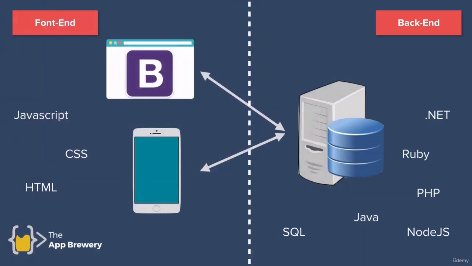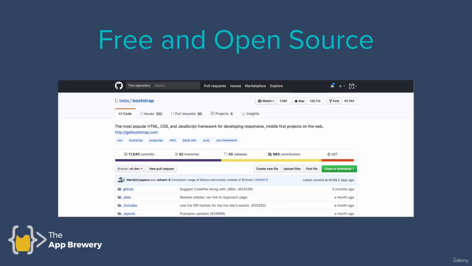Now, Bootstrap is very firmly on the front end. It's a bunch of code that was written to be reusable that you can drop into your site, and it'll make designing the website much, much easier for you. Bootstrap was originally developed by Twitter in order to try and get more consistency across websites that they design. But since then, they've made it free and open source.